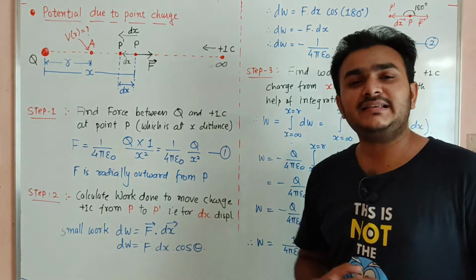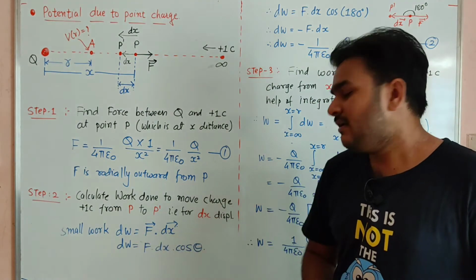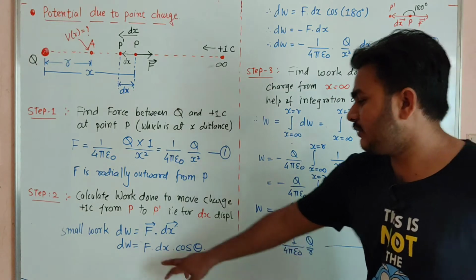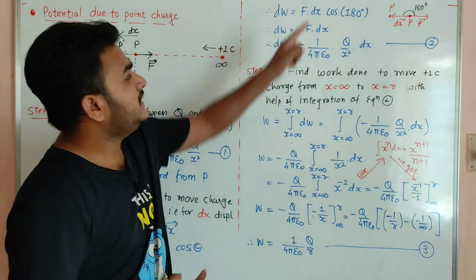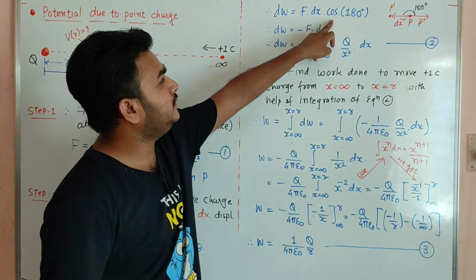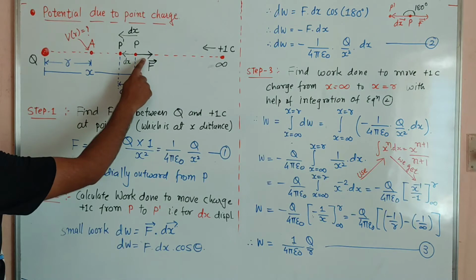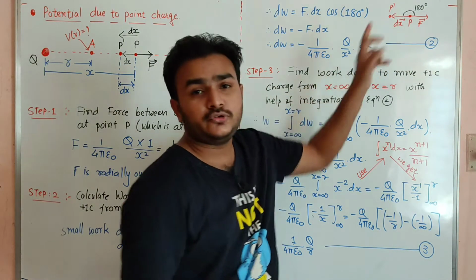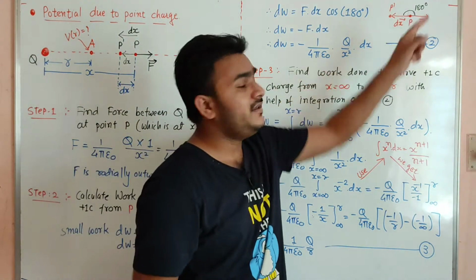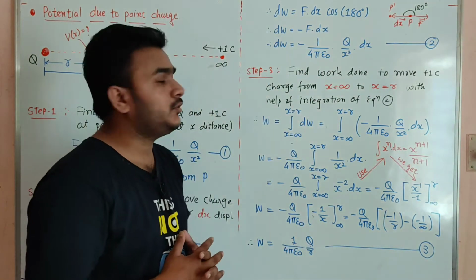Since work is a scalar quantity, the dot product of the two vectors expands as dW is equal to F dx cos theta, so dW is equal to F dx cos 180. As you can see in the figure, the direction of force and the direction of displacement are opposite to each other, so the angle between them is 180 degrees, and cos 180 degrees is equal to minus 1.